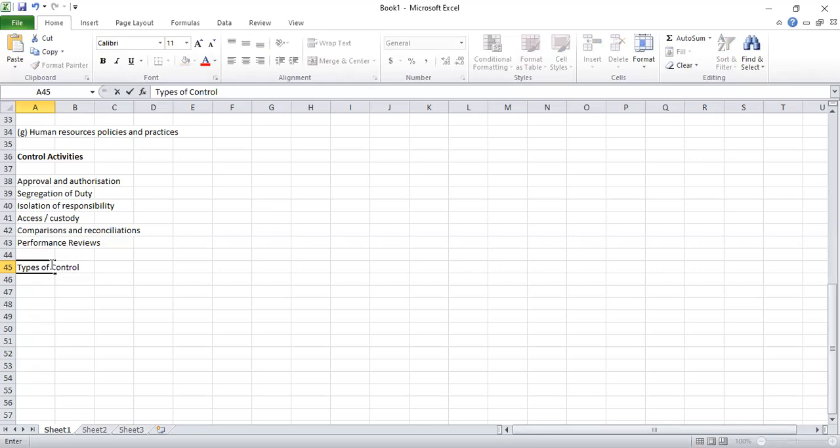Our controls can be divided into 3, or we can divide them into 2. When we divide them into 3 categories, we have number 1, preventive controls.